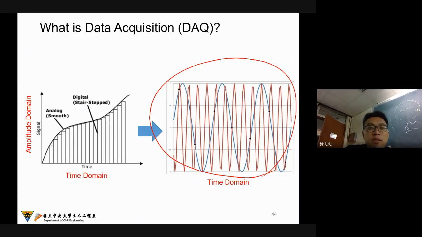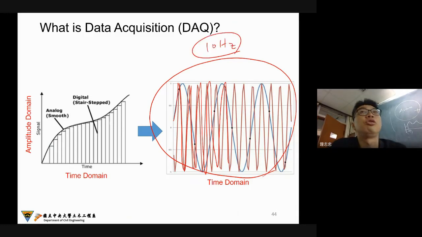For the red one, maybe the red one is 10 Hertz. So what is the minimum sampling frequency we should use if I already know this is 10 Hertz? 20, yes. But in practice, if you use 20 Hertz, you may get a very ugly signal.